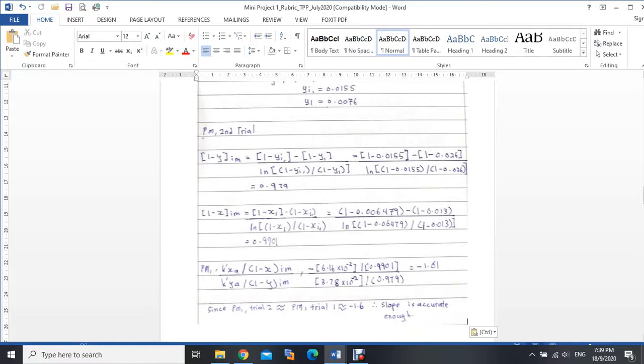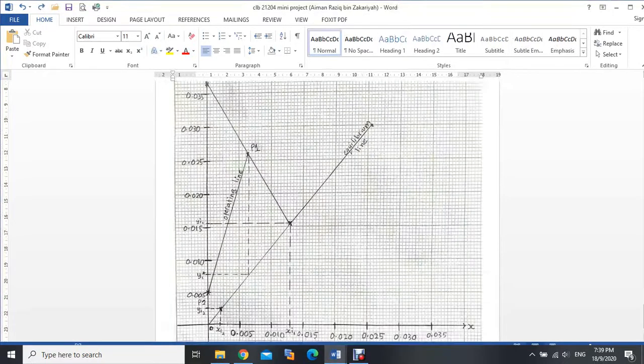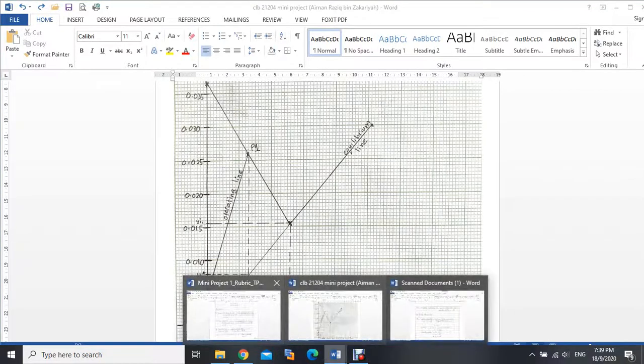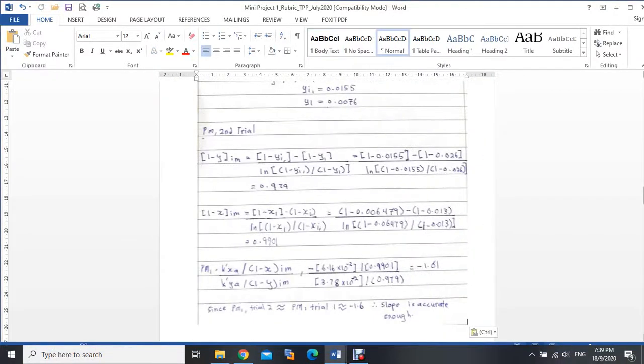Okay, this one and this one. This is the intercept. So we can solve both of the equations, which is 1 minus YIM is equal to 0.979 and 1 minus XIM is equal to 0.9901.